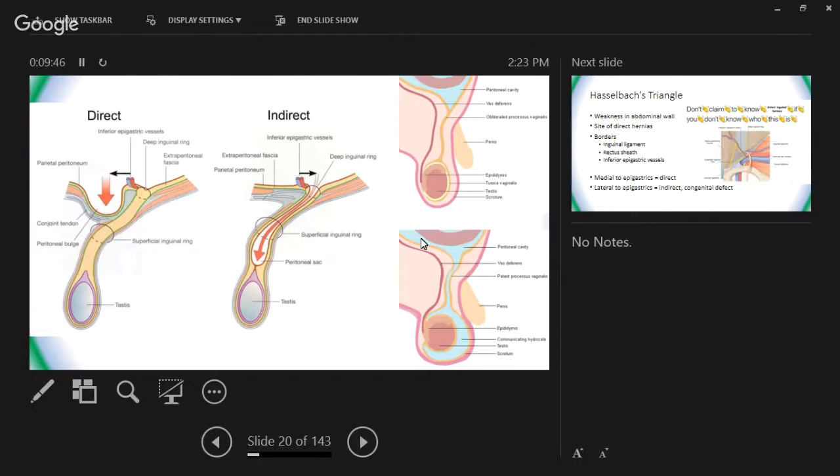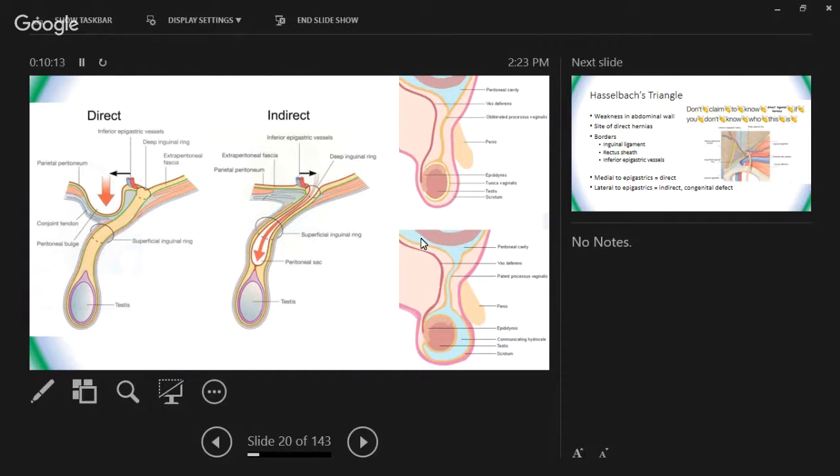So direct versus indirect. Direct is the acquired hernia, which comes through a weakness in the abdominal wall. So it doesn't go through the deep inguinal ring. The indirect one is your congenital one, and that can only occur if you have a patent processus vaginalis.